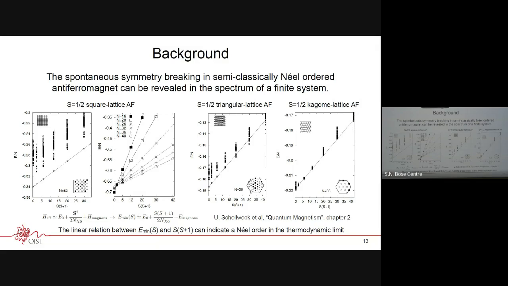Yes. Is there any easy way to understand why you have 1/N dependence in the H effective? Are you talking about this one? No, I'm talking about the formula below. Yeah, H effective. You have a 1/N dependence, right? Yeah. So S is also linearly growing with N, right? Yeah, right.